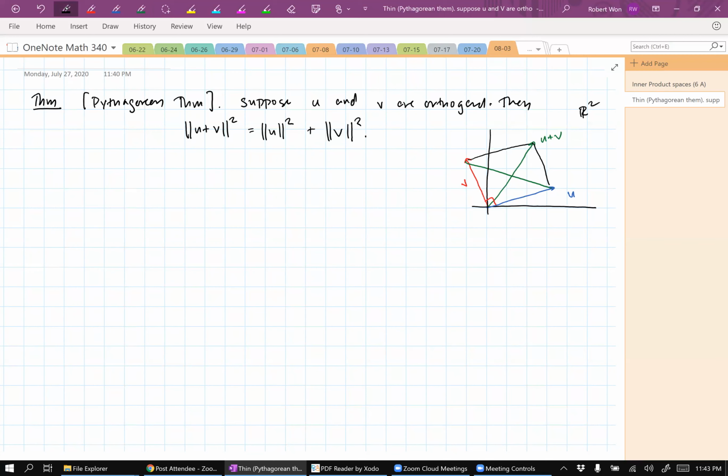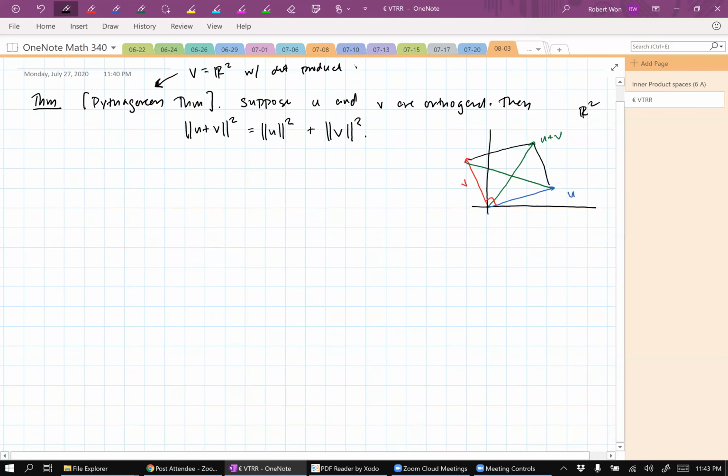So the result attributed to Pythagoras is when V equals R2 with the dot product. But actually the proof, once you've developed all this technology of inner product spaces, is just an easy computation.